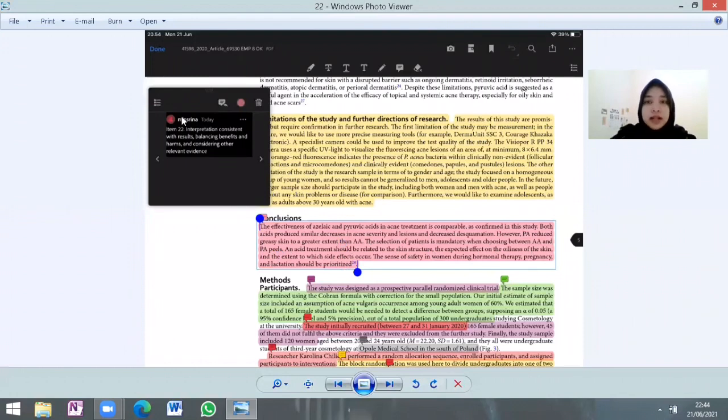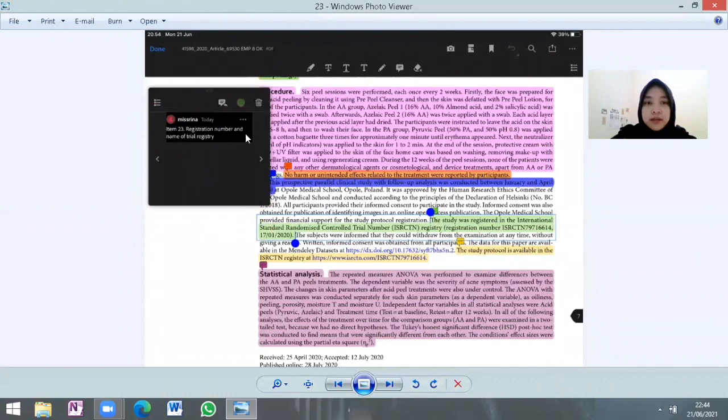The next item, number 23, registration number and name of trial registry, is reported on page number 7. The study was registered in the International Standard Randomized Controlled Trial Number, or ISRCTN, registry, and the registration number of the study is ISRCTN797166614, and the date is 17th of January 2020.